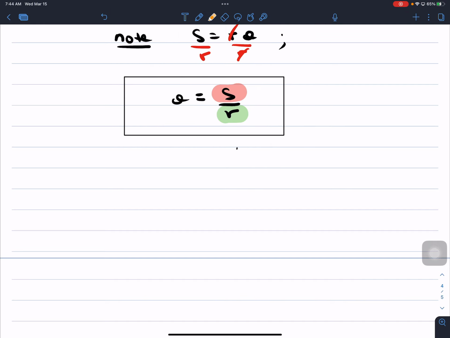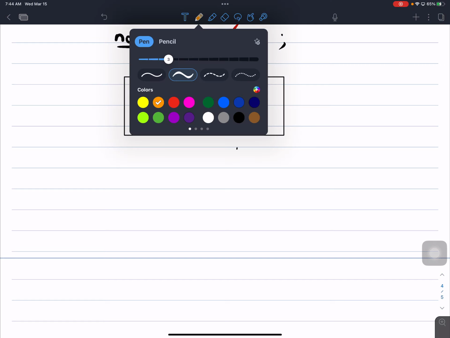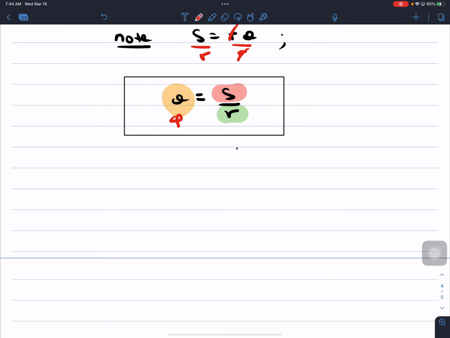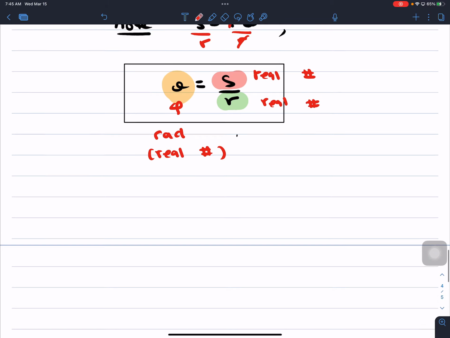Don't you get a real number? What's my point? That this will be in terms of what? Radians, because it's a real number. So I'll say it again. This is a real number divided by a real number will give you a real number.